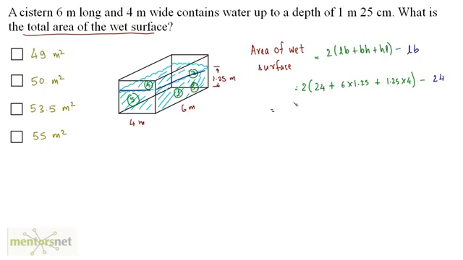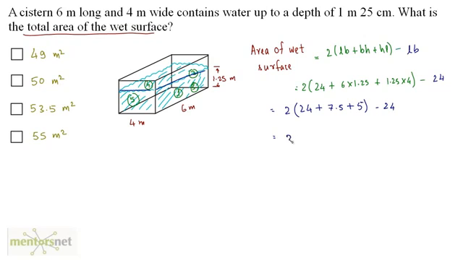Okay, so this is equal to 2 times (24 plus 6 into 1.25 is 7.5 plus 1.25 into 4, and that is 5), minus 24.